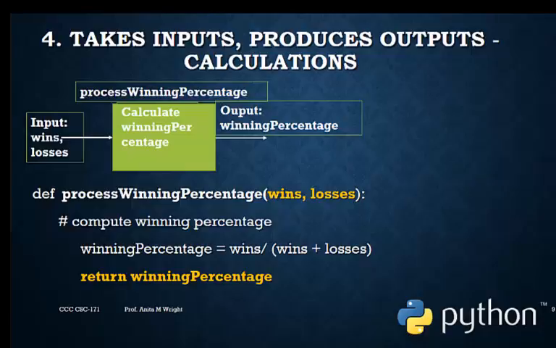Note the use of generic naming conventions for this part of the program. This is a good idea so that your functions can be used over and over again, perhaps in other programs and/or by different parts of the program you are currently writing. So our input parameters are called wins and losses, and we see that we return the winning percentage from function process winning percentage.